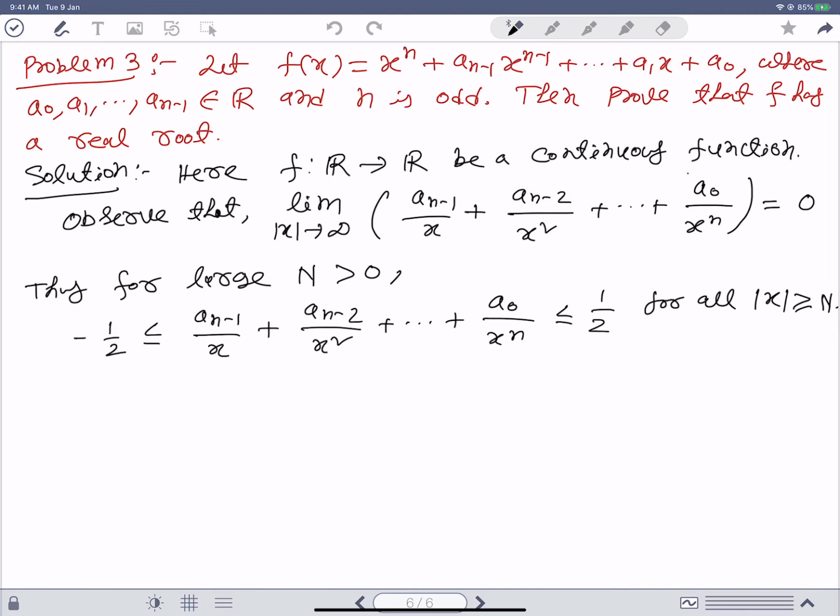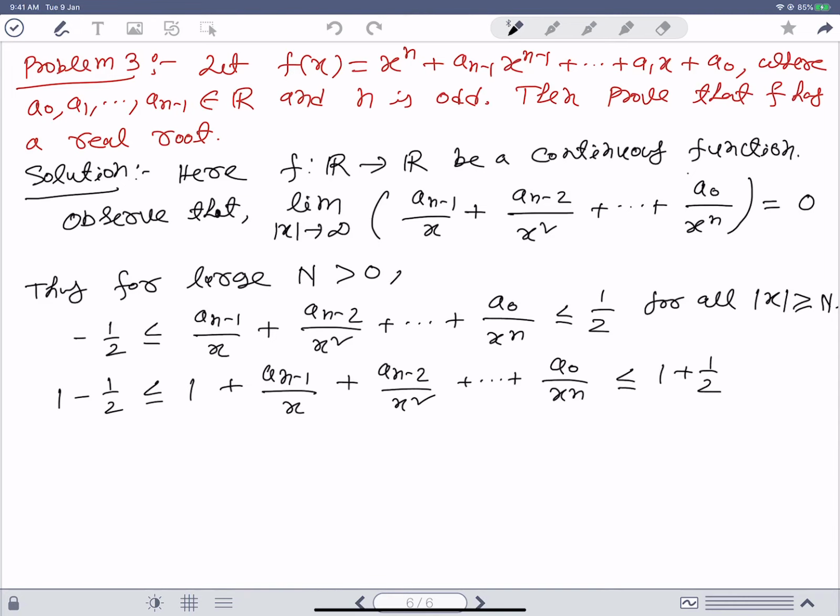Now we can add 1 on both sides, so we will have 1 - 1/2 less than or equal to 1 + (a_{n-1} x^{n-1} + a_{n-2} x^{n-2} + ... + a_0) / x^n, less than or equal to 1 + 1/2, right?